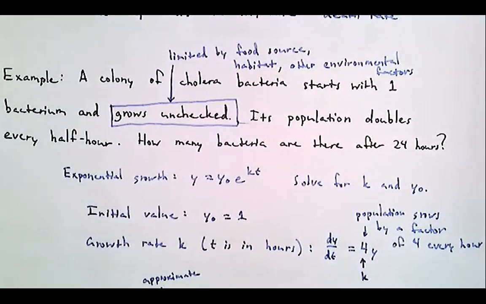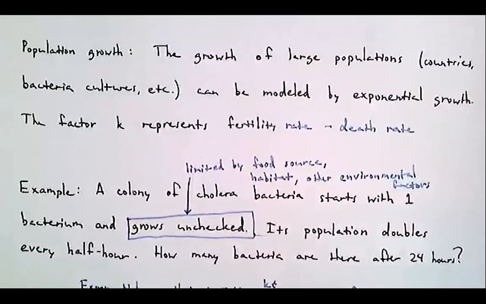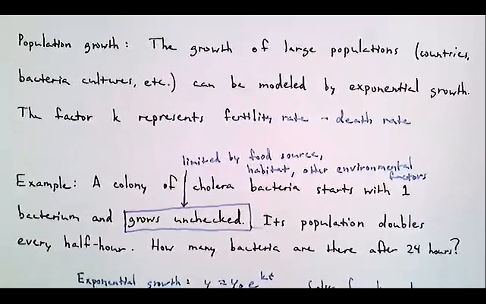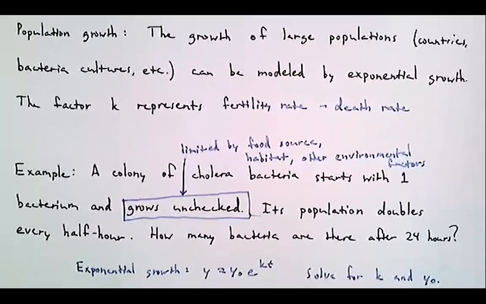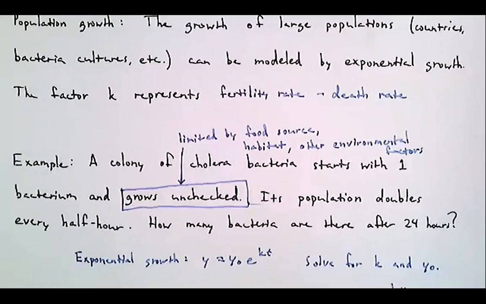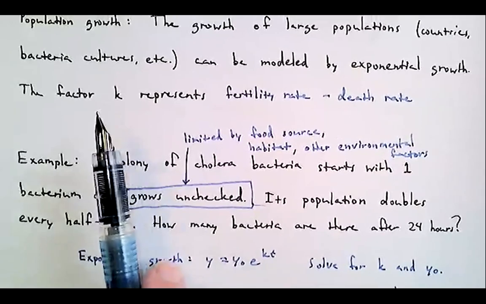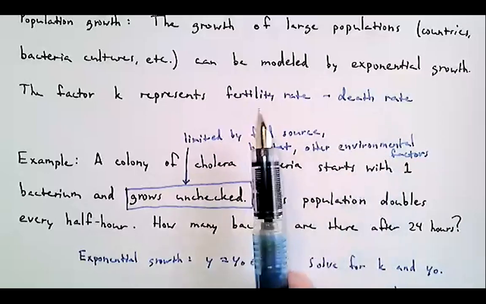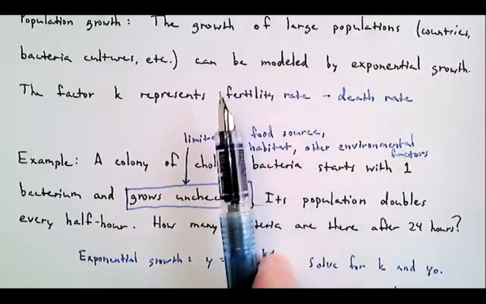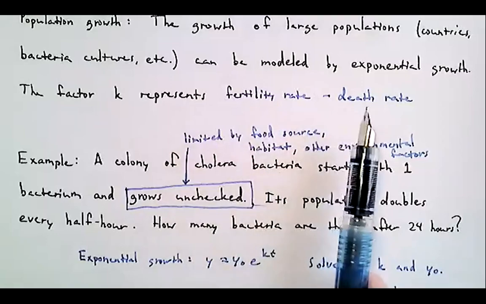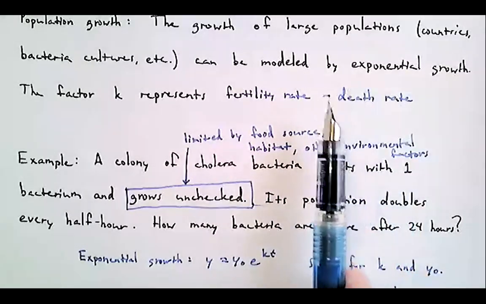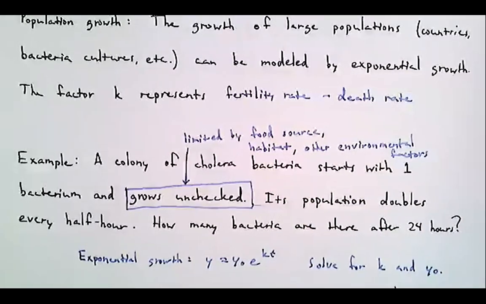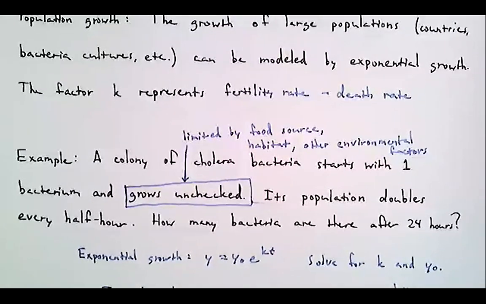And then last time we went on to talk about the growth of a population. We looked at a bacteria culture, since they grow pretty fast. And the growth rate k represents something like the fertility rate minus the death rate. So this would be the number of new bacteria in our example, and then you subtract off the number of dead bacteria. And that's where the k comes from.